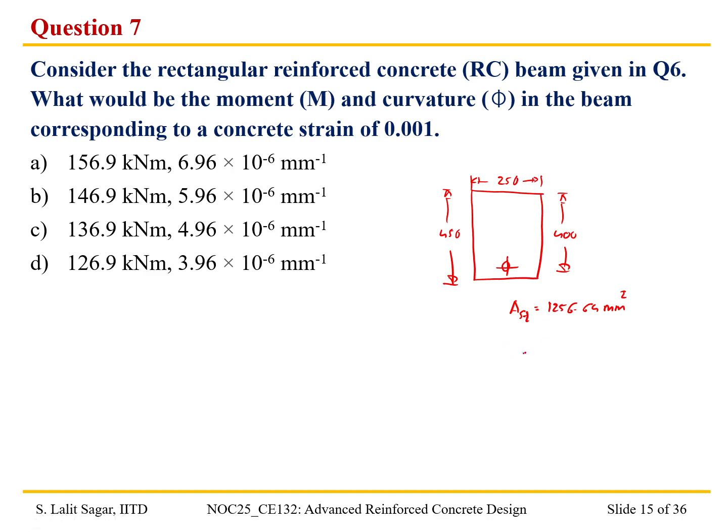We have certain material properties: f prime c is 30 MPa, and the yield strength of steel reinforcement is 500 MPa. Now we need to determine, corresponding to a strain of 0.001, the value of the moment and the value of the curvature.